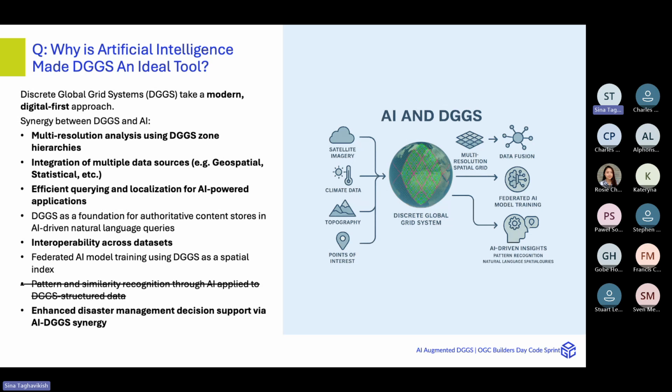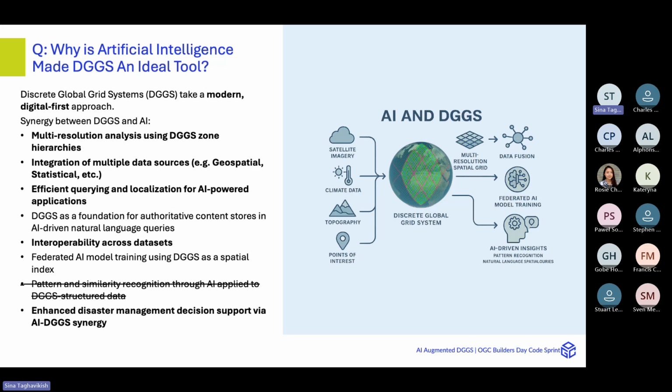And so DGGS can be a foundation for iterative content stores. We didn't touch this one in the pilot. The ones that are bold are the ones that we really touched in the pilot. Interoperability across data sets: we use multiple sorts of data sets.